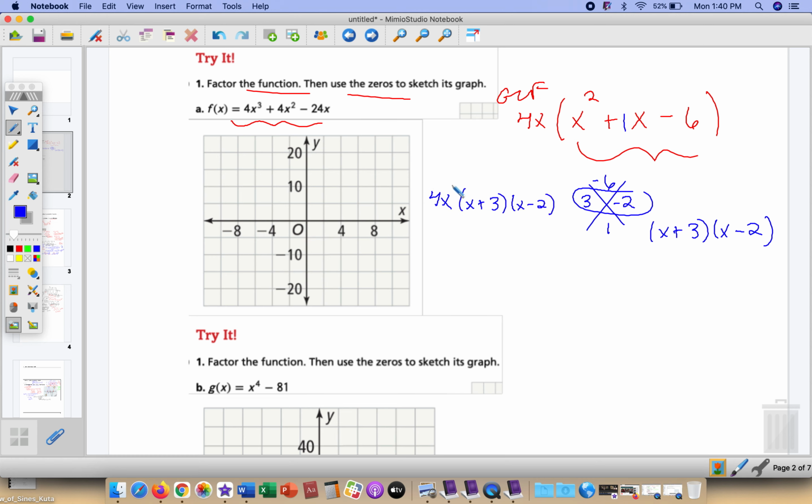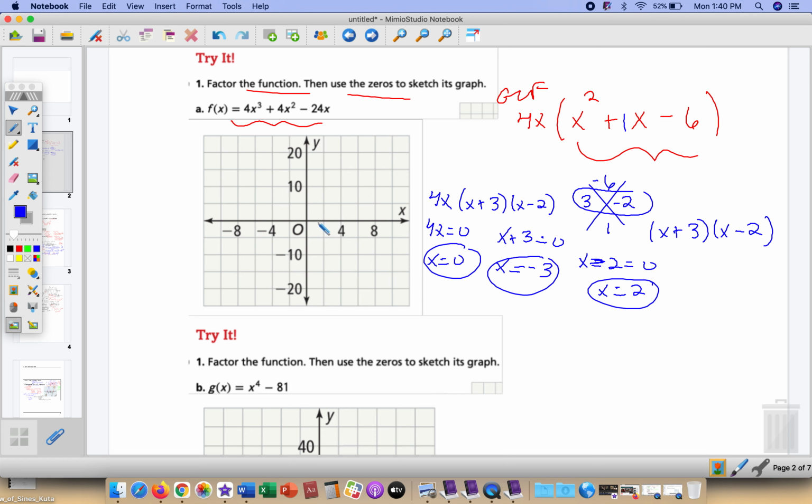And if we set each of these equal to 0 and solve, x minus 2 equals 0, so we have x is 2. We have x is negative 3. We have x is 0. So we're going to do a dot on x is 0, x is negative 3, and x is 2.